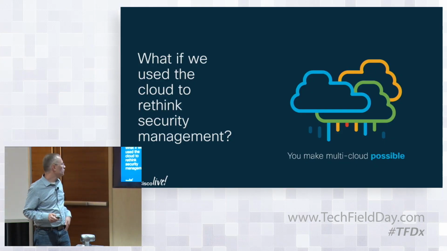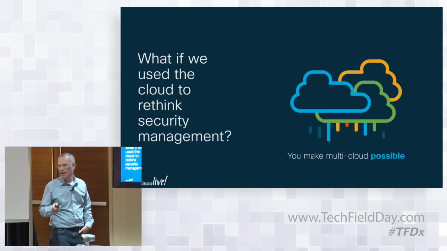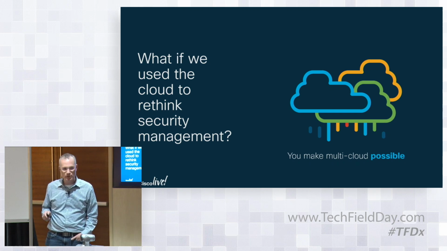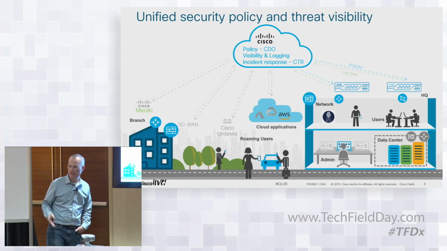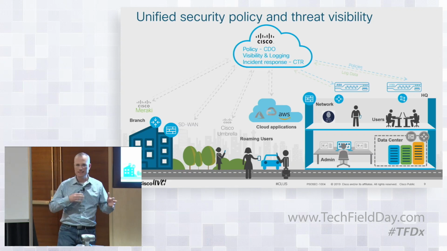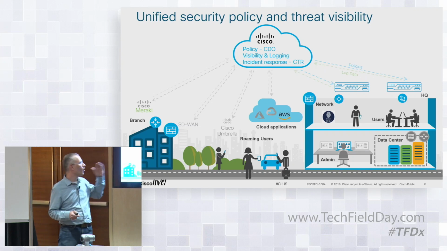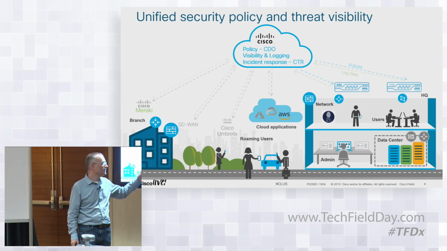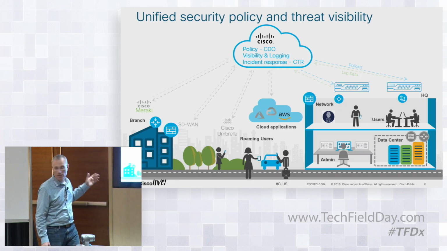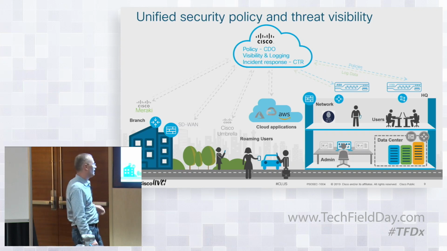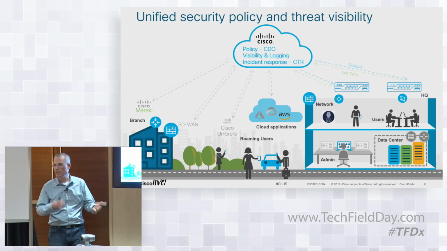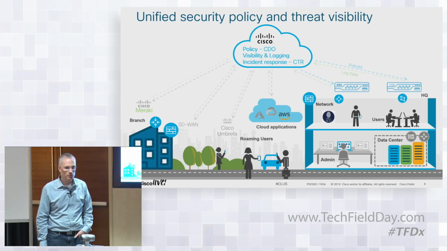So what if we could use the cloud to rethink how to solve this entire solution? And that's where we came up with the idea for CDO. Basically, CDO is a policy orchestrator from the cloud that can access all of your devices, whether they're on-prem, your ASAs, your FTDs in your HQ, Meraki devices in your branches, or even a cloud application on AWS, where you need your firewalls and security groups.